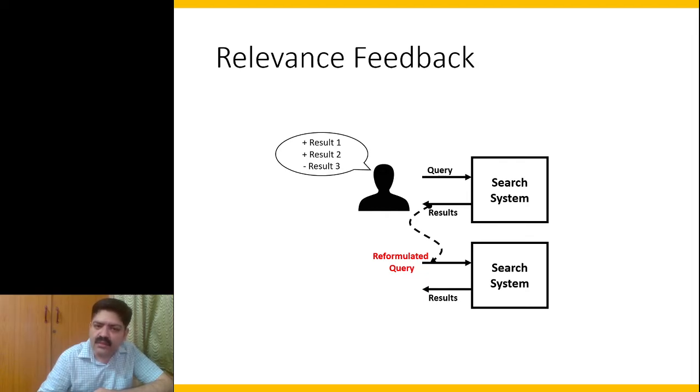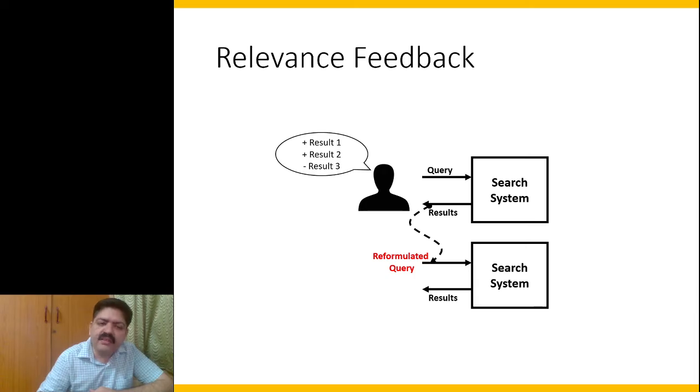So let's say the user gives us the judgment that results 1 and result 2 are relevant, but the result 3, the document at rank 3 is not relevant. If this information is obtained back from the user, then I take that information and pass it through my search system once again, reformulate the query and try to get better ranking.